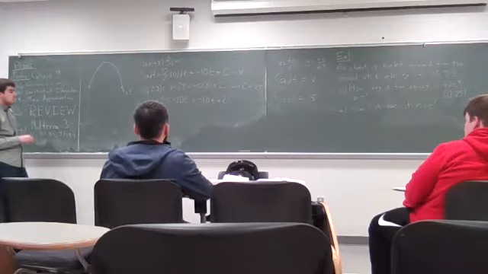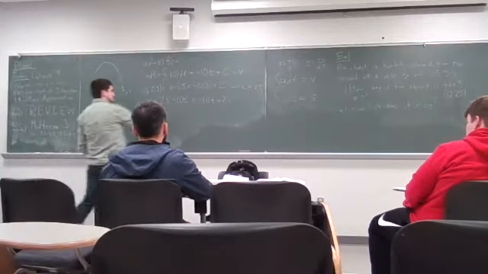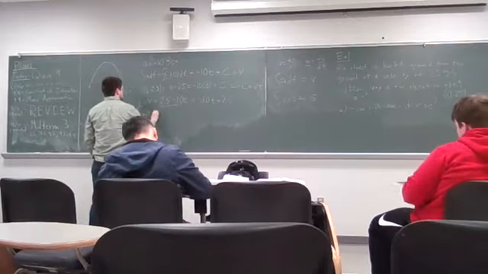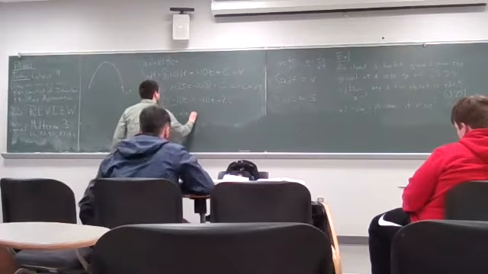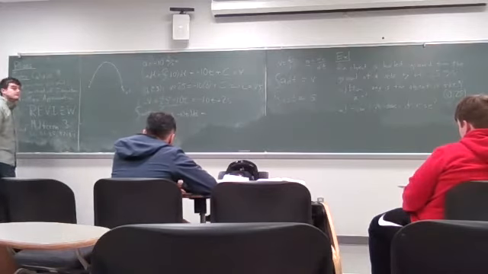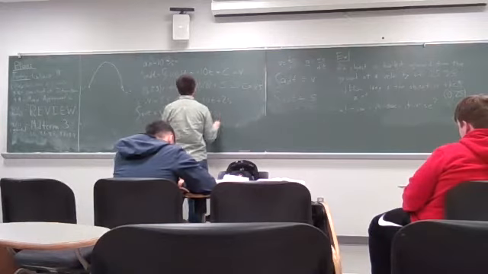How do I figure out my position? I'm going to take the integral of this again. So I'm going to take the integral of V dt, which is the integral of 25 minus 10t dt. What's the integral of 25? 25t. What's the integral of negative 10t?